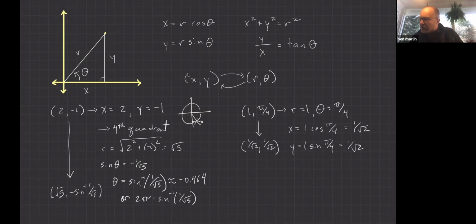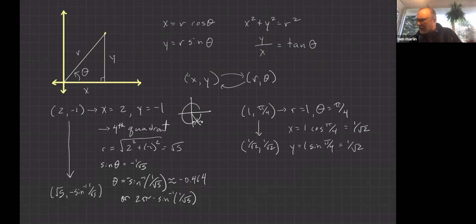Okay. So for us, we've got this sine is equal to negative 1 over root 5. That is not a special angle at all. So we are going to just come in here and say that it is the negative of the inverse sine of 1 over root 5, or the inverse sine of negative 1 over root 5, same thing. And the value that we end up getting out of that is about negative 0.4636 something.